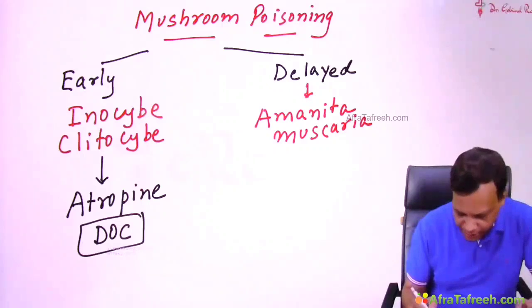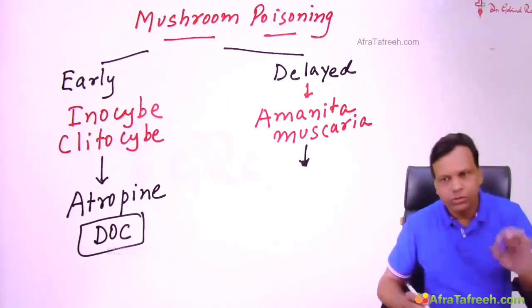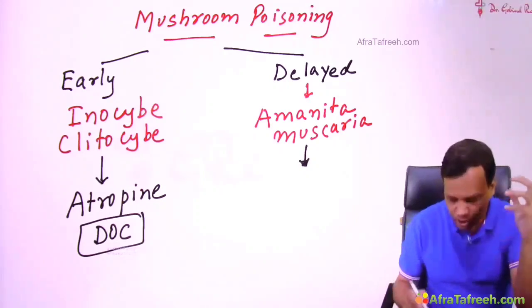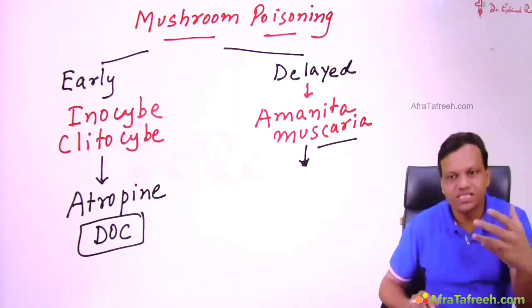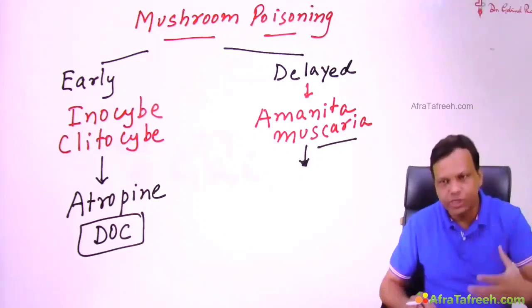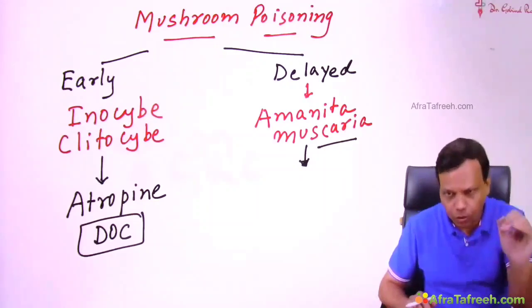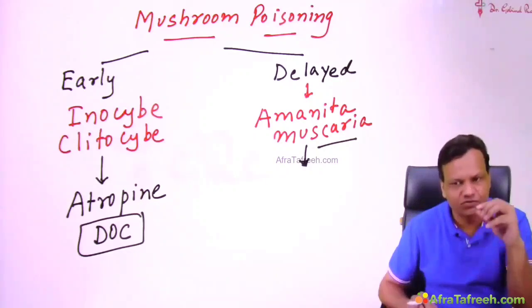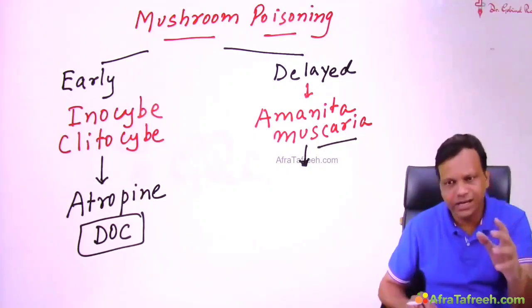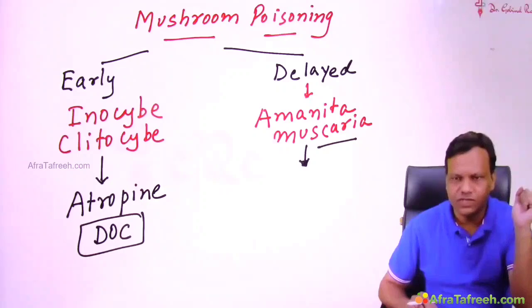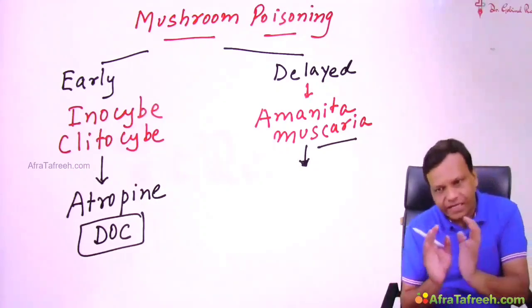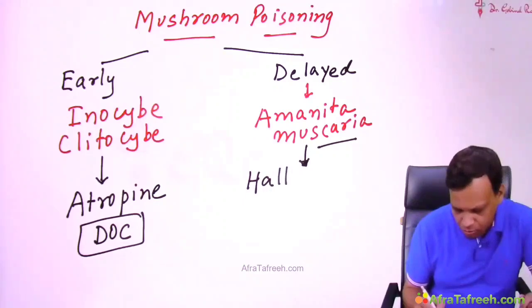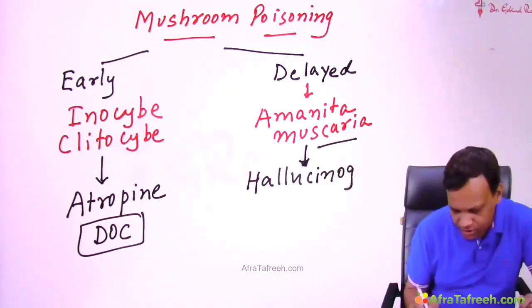But on the other hand, delayed mushroom poisoning, although the name is confusing, is caused by Amanita muscaria. It looks like it must contain muscarine, so it will produce stimulation of muscarinic receptors. No, the amount of muscarine present in Amanita muscaria is very, very small. But it contains different substances which have plenty of anticholinergic effects. So delayed mushroom poisoning is also known as hallucinogenic mushroom poisoning.